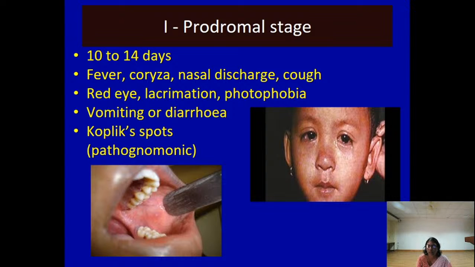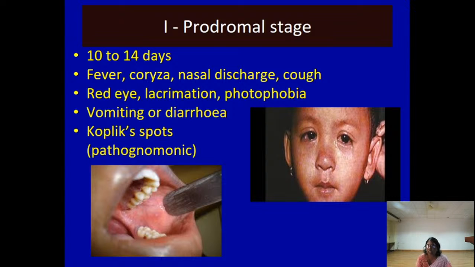The eyes look red with watering, and there is photophobia; when you shine a light, the child avoids it. And then there is vomiting or diarrhea, because the gastrointestinal system is affected in measles.